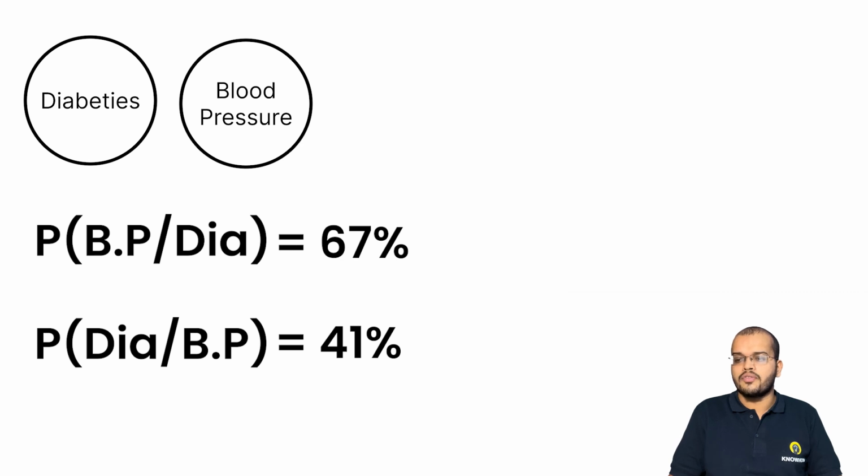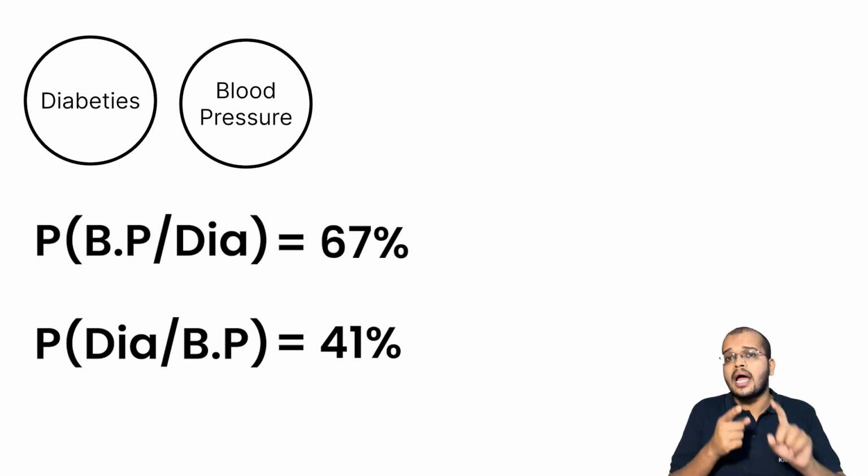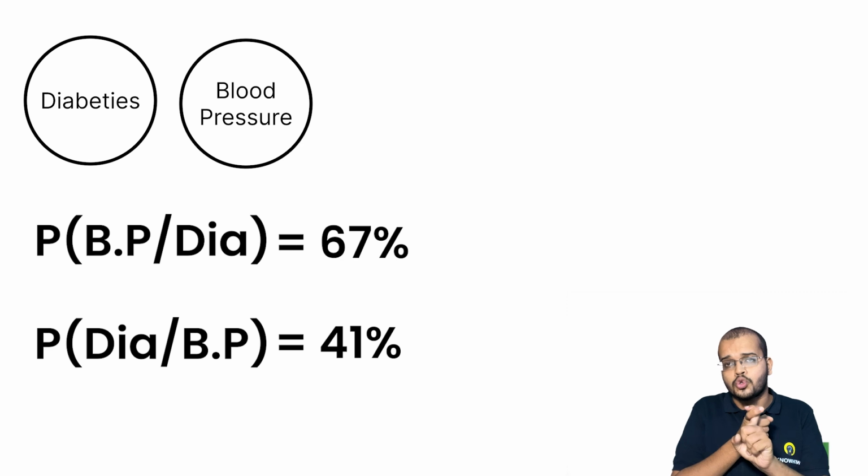Let us consider 41%. So obviously 67% is greater than 41%. Am I right? So what's happening here is that 67% of people who have diabetes, it is not likely that they have blood pressure. But 41% of people who have blood pressure may or may not have diabetes. So I'm talking about the relationship between those two.